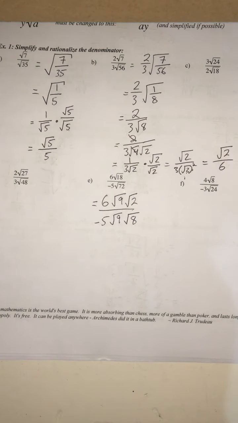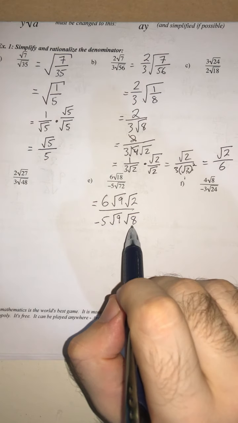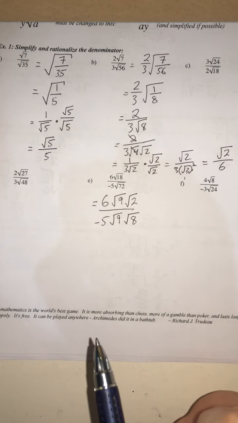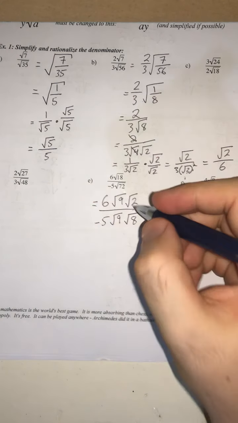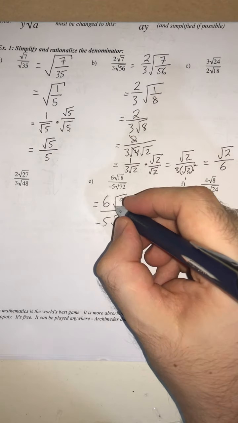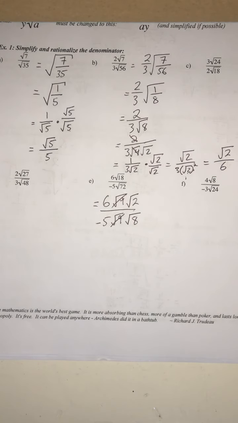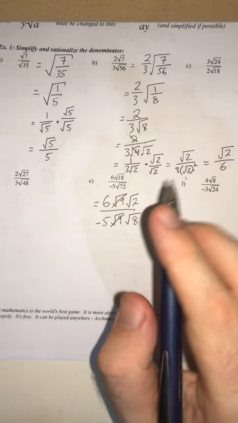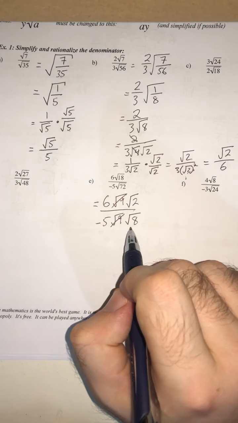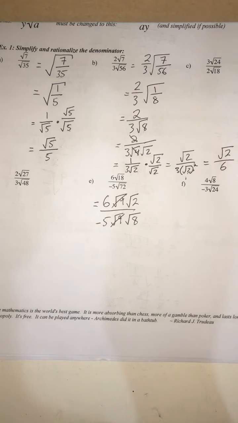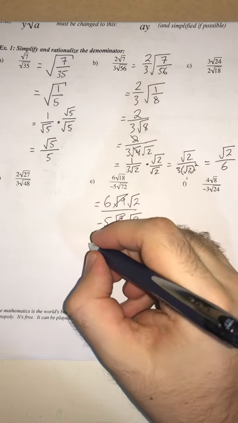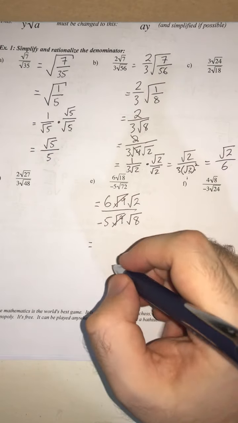So notice here, yes, I could still take out a root 4. However, I got rid of the 9's first because I can cancel those out. If you recognize you could factor out an 18 or a 36, and that's a perfect square, you could do that. I didn't notice it right away. You don't have to notice it right away. It's okay.